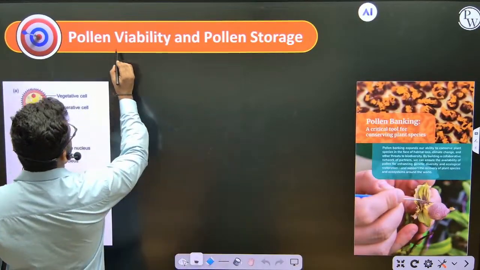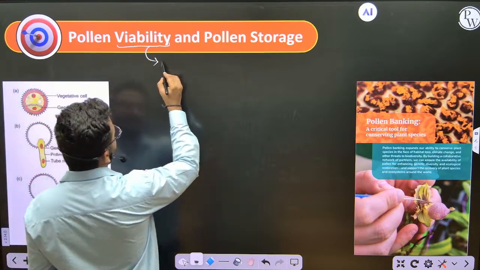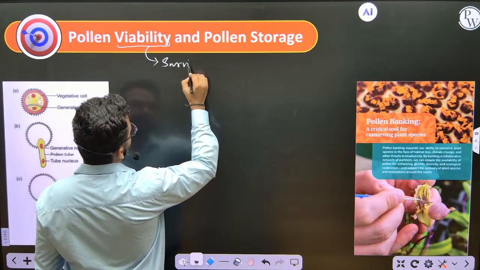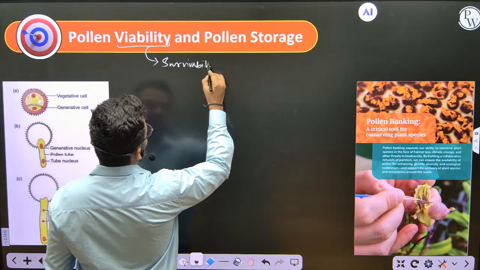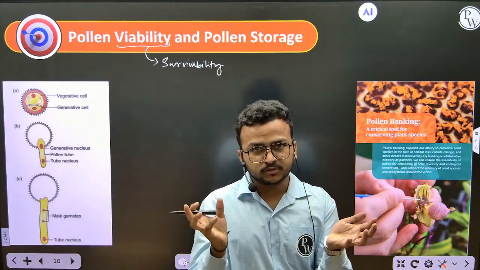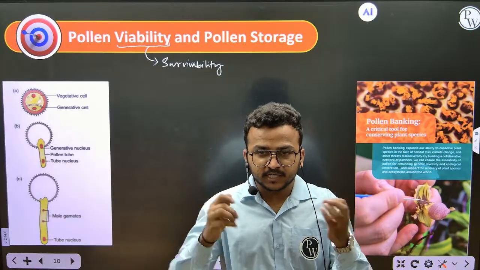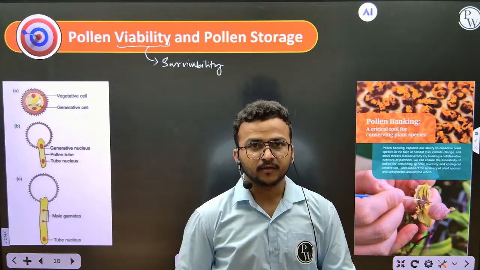Viability is nothing but survivability. The pollen grain matures and the anther bursts. When the anther bursts, the pollen grains are released in the air.